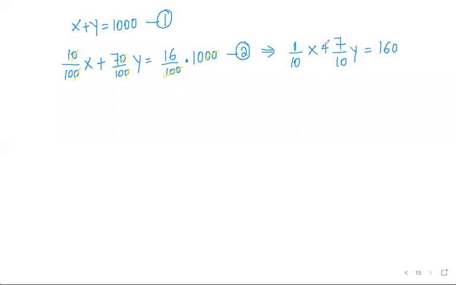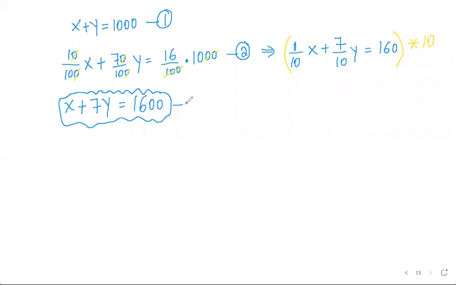I can also simplify it more by multiplying everything by 10, because I don't need a fraction. 1 over 10 times 10 is 1. So I get X plus 7Y equals 1600. And this will be my second equation. Up to here, everything is fine. Is it clear?